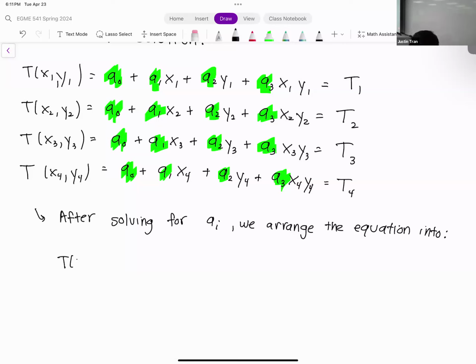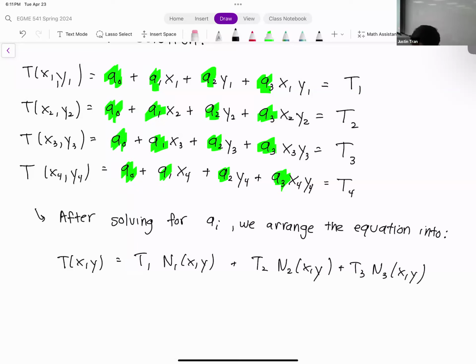And so we have T of x comma y is equal to T1 N1 of x comma y plus T2 N2 of x comma y, T3 N3 of x comma y plus T4 N4 of x comma y.